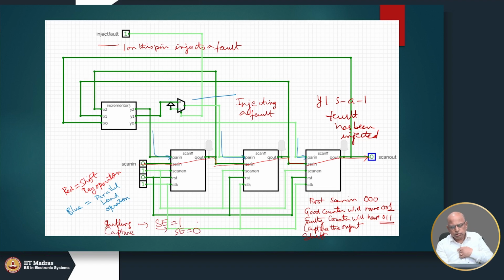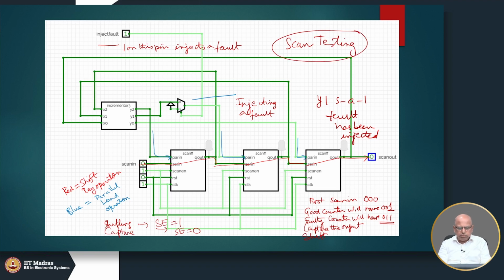So, this is the so-called scan testing. So, this is what scan testing is.